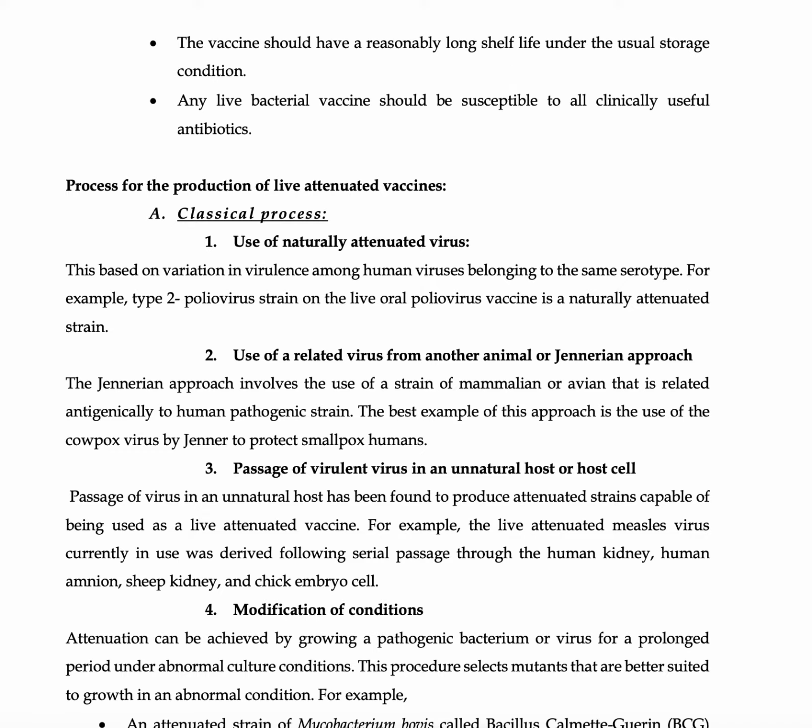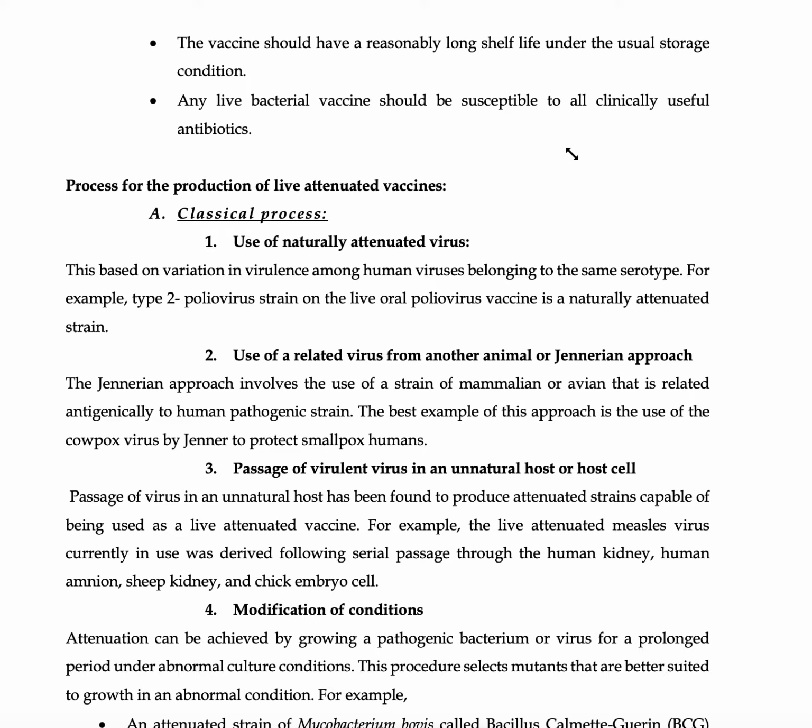Okay, and then any live bacterial vaccine should be susceptible to all clinically useful antibiotics. It is important because these are live organisms, right? So it can happen that in some hosts, although they are attenuated, they can still cause disease or infection. If they cause infection, then we have to use antibiotics.